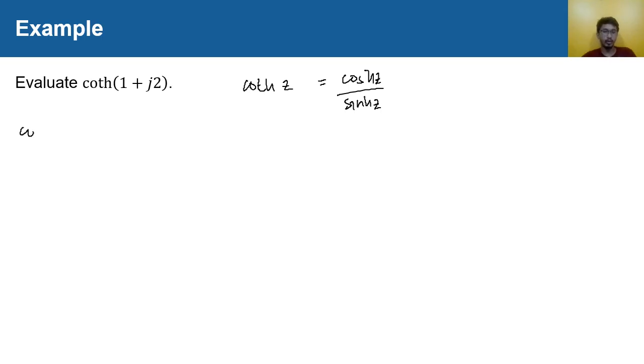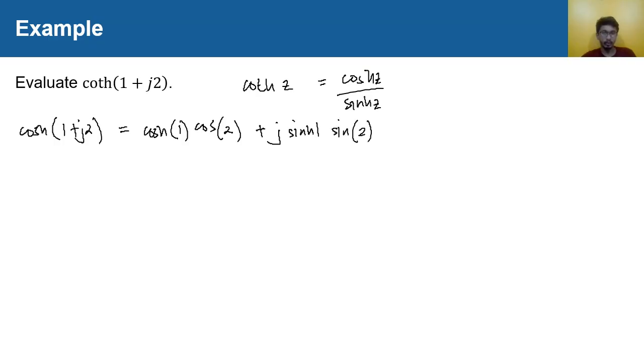We have cosh of 1 plus j2 equal to cosh 1 cos 2 plus j sinh 1 sin 2. So our answer for this one is negative 0.6421 plus j1.0686.